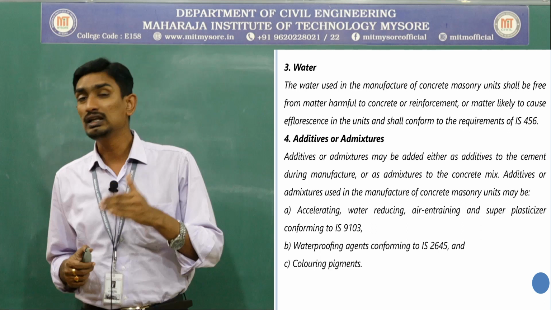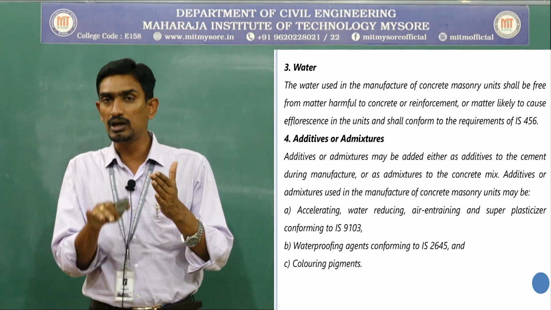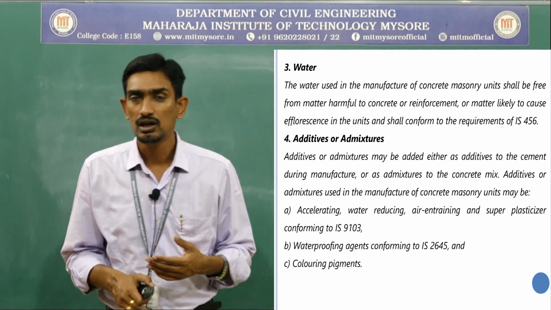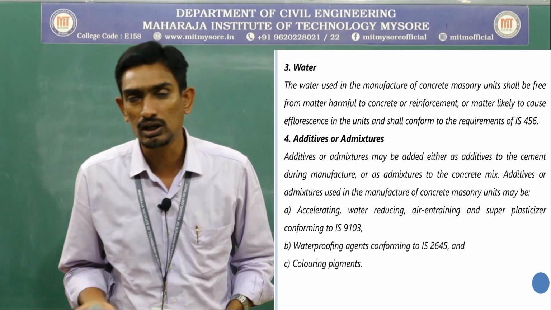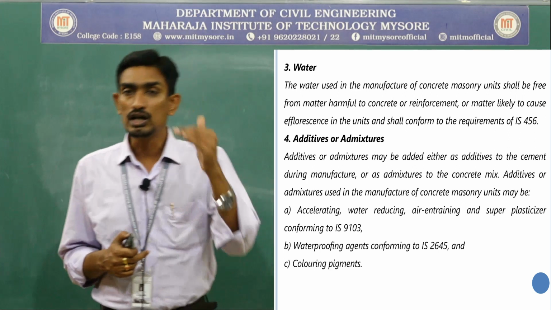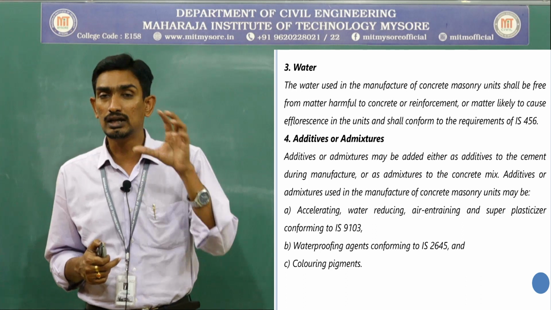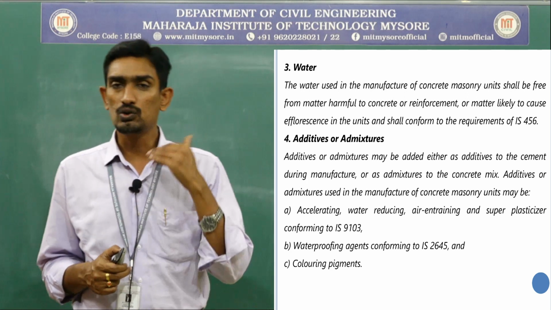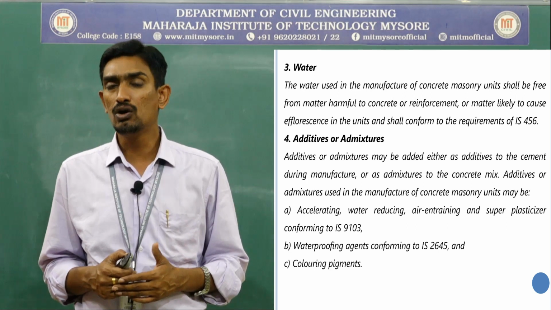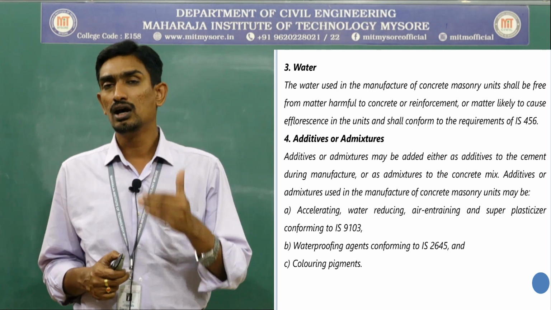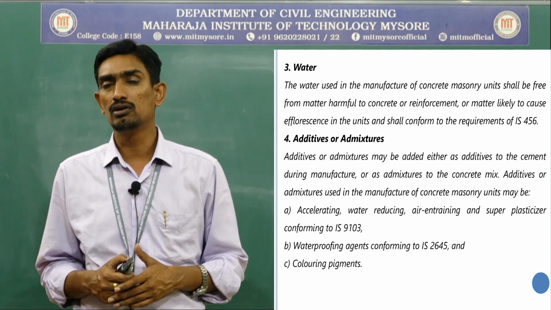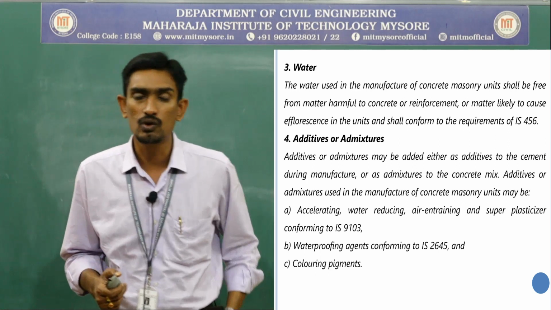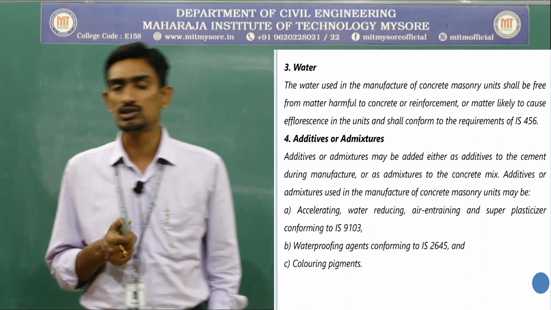Because if you increase the water content, the voids will be more and automatically the density will decrease. If density decreases, the strength also decreases. That's why, in order to reduce the water ratio, we can use admixtures. By using admixtures, we can bring down the water level so that we can attain a workable concrete block to the required shape and size. Is it clear? So these are the materials we are going to use: cement, aggregates, water, admixtures, and so on.